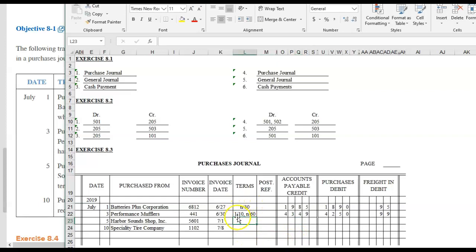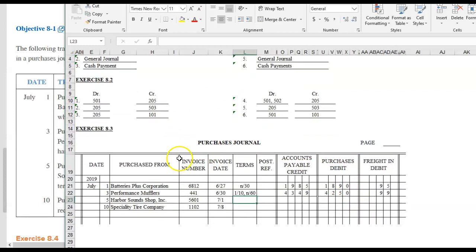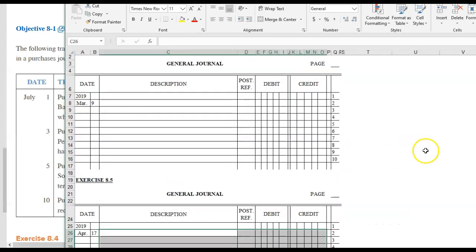Okay, so you can see how to enter the terms. The rest is done for you, and you see how to enter it in the purchase journal. So I'm going to go ahead and let you finish that problem 8.3 on your own. Let's move on to the next one, 8.4.